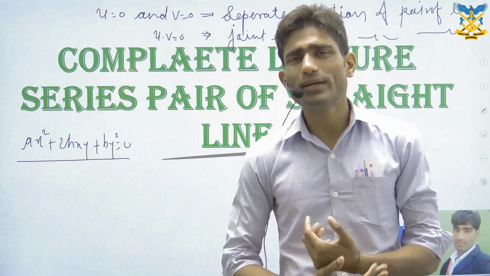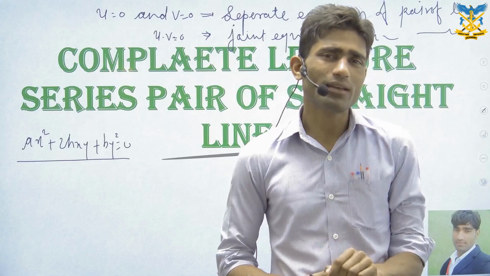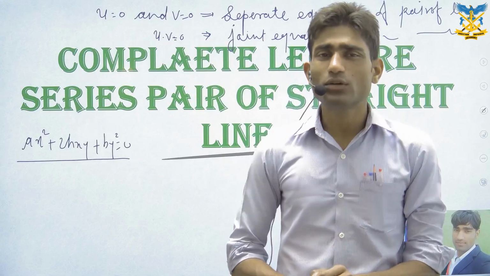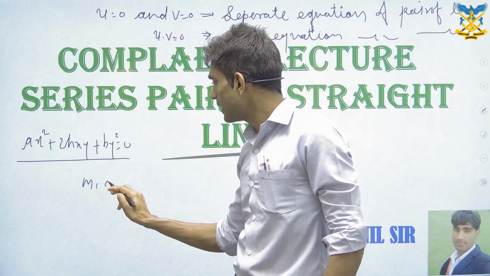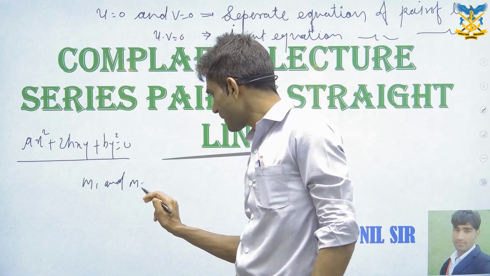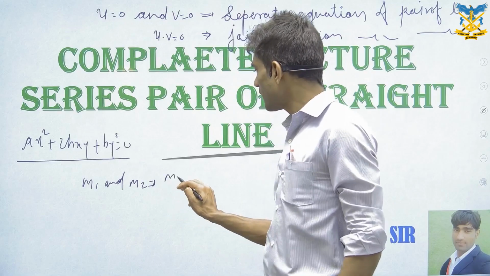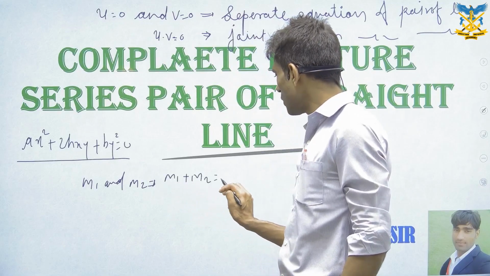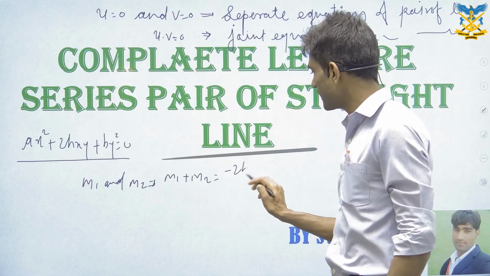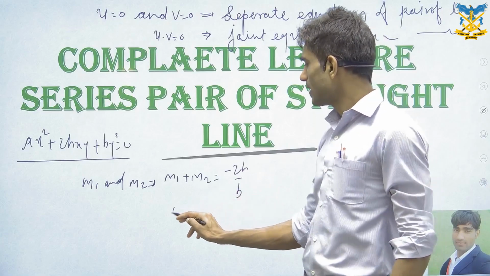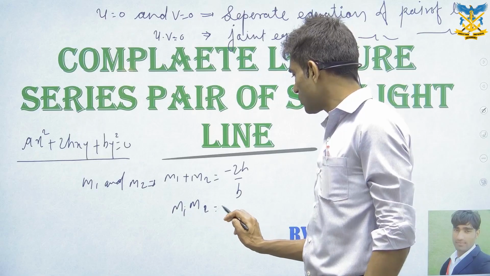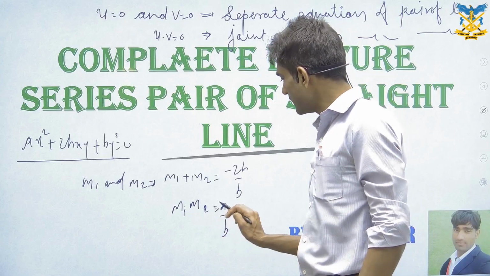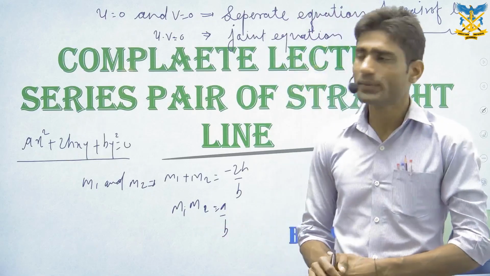After that, we need to understand how to find the slope of a line. When we have two slopes m1 and m2, the sum of the two slopes is m1 plus m2 equal to minus 2h upon b, and the product m1 multiplied by m2 is equal to a upon b. This relation between slopes we need to know.